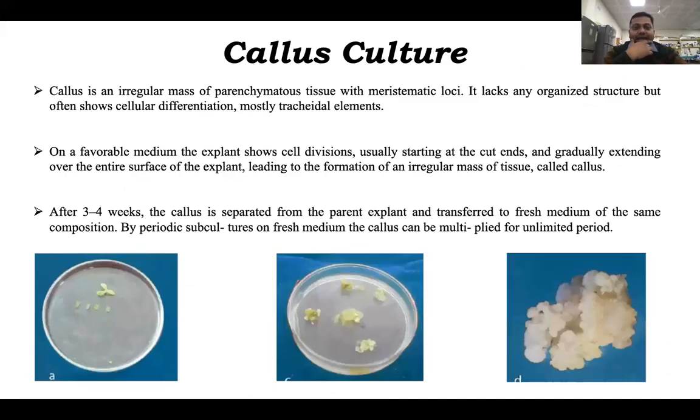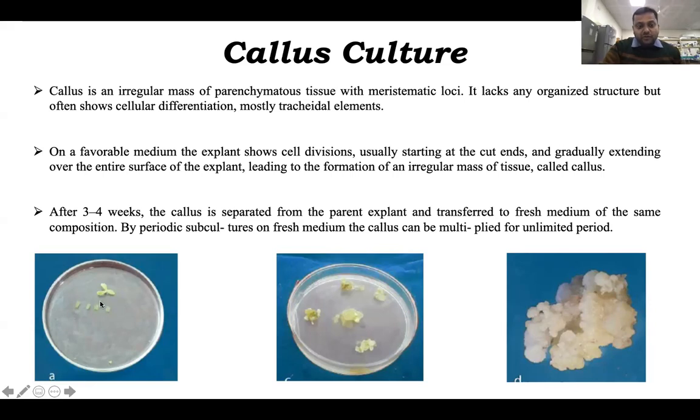So first, the callus culture. Now, callus is an irregular mass of parenchymatous tissues, and it lacks any organized structure, any organized growth, but it keeps on dividing. So it shows tremendous cellular differentiation. This is what a callus looks like if you have seen it before. So you have some explants and they start to get into de-differentiation.